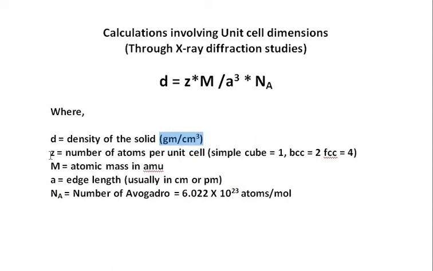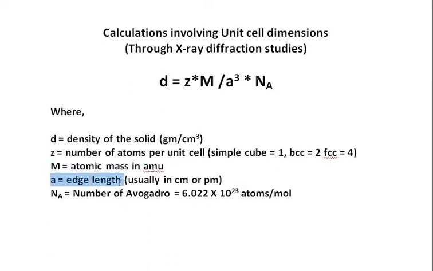Small z is the number of atoms per unit cell. For simple cube it is 1, for BCC it is 2, and for FCC it is 4. Capital M stands for the atomic mass in AMU, atomic mass of the particular solid.